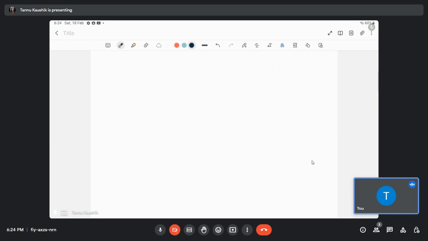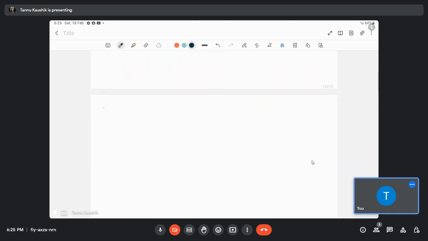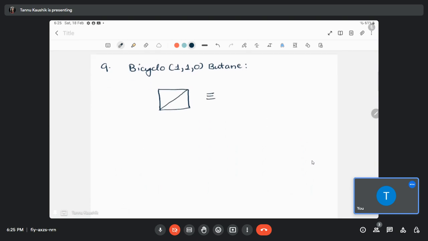So let us take more examples. We will be taking this bicyclo[1.1.0]butane, which is equivalent to this.